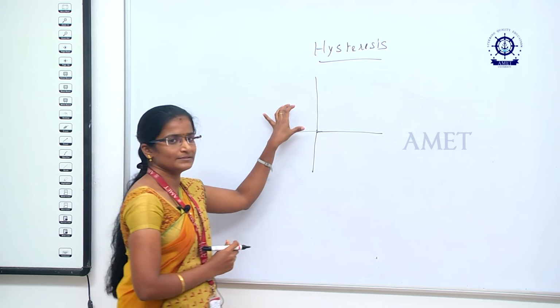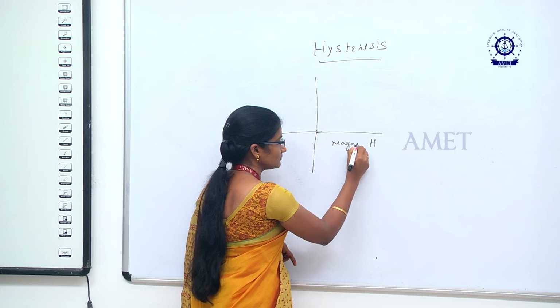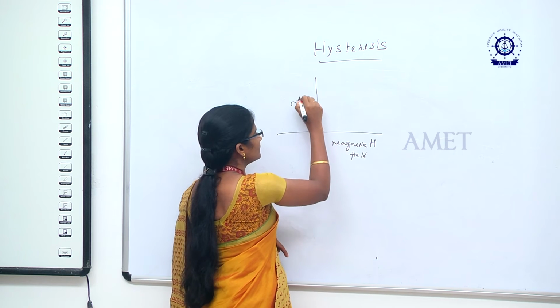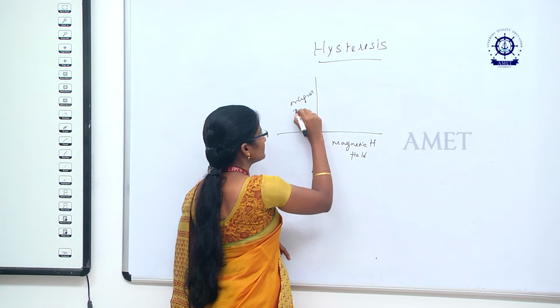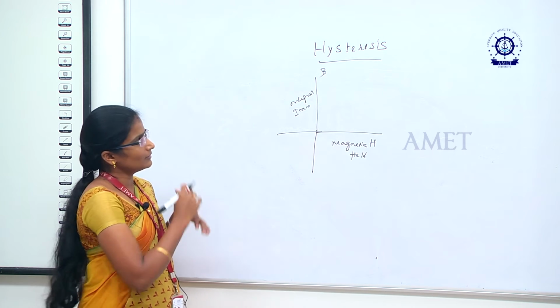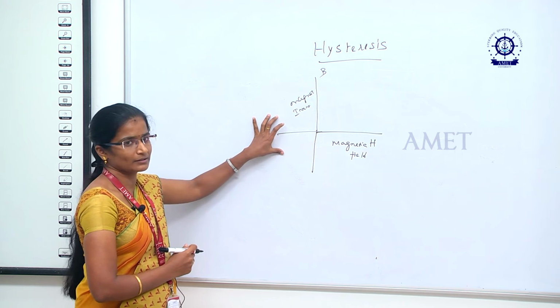This graph is plotted between magnetic field H and magnetic intensity B. We already know that hysteresis means lagging of magnetization.